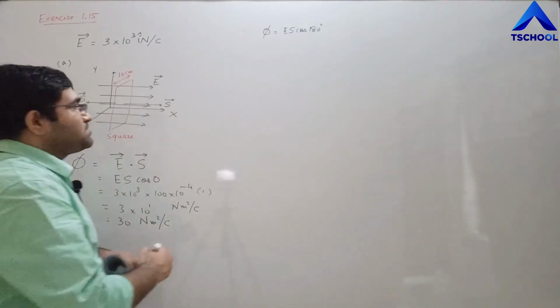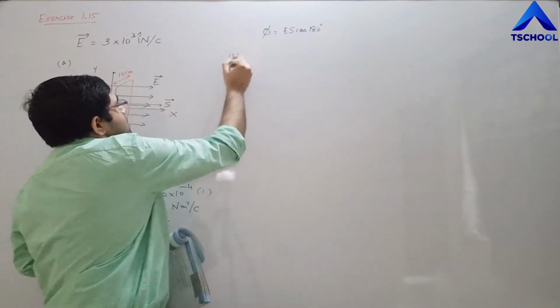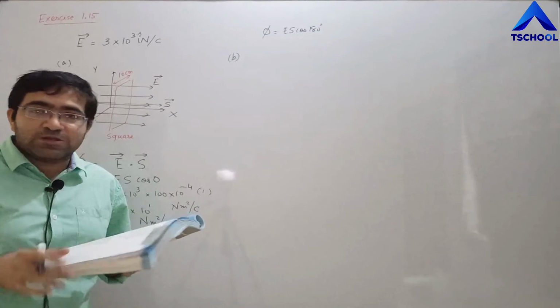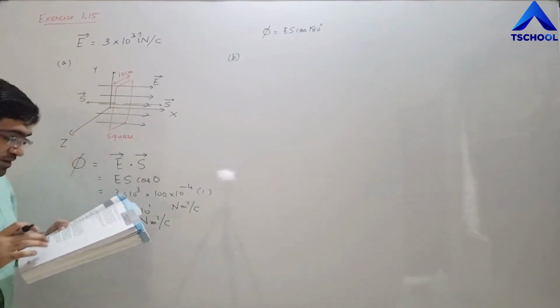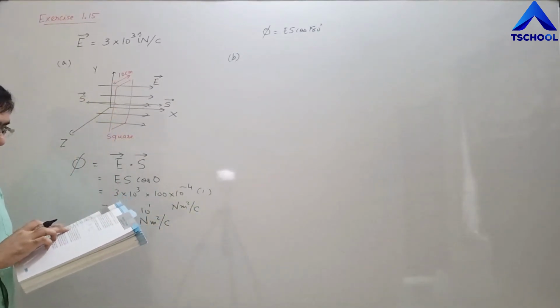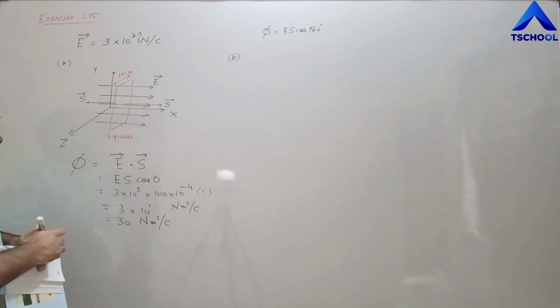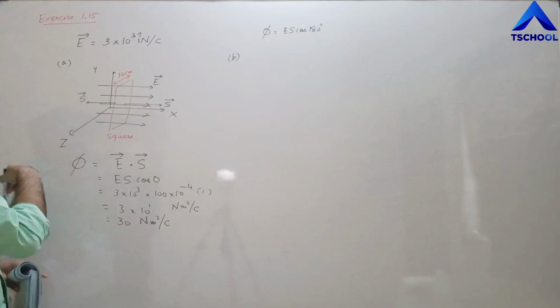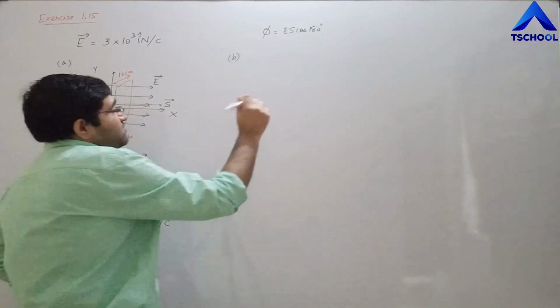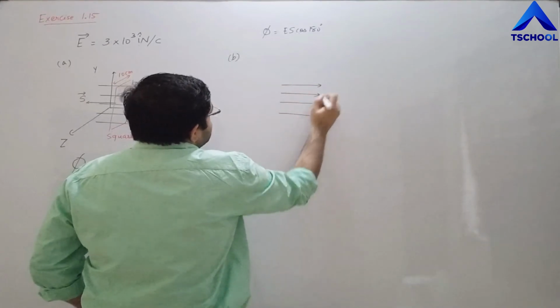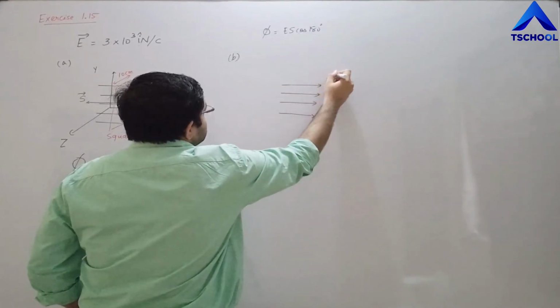Now part B. Part B says, what is the flux through the same square? So we are still having the same square, if the normal to the plane makes an angle of 60 degree with the x axis. So we are given once again the uniform electric field in the same manner, going towards positive x.